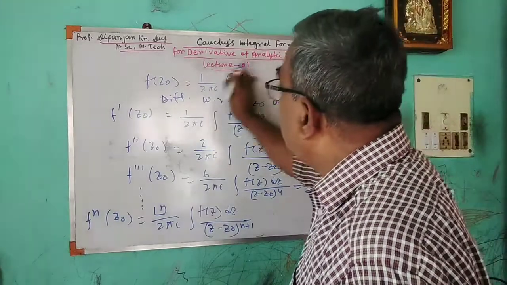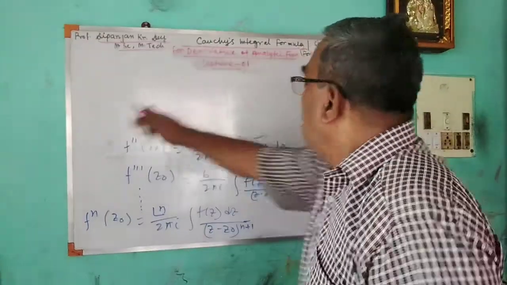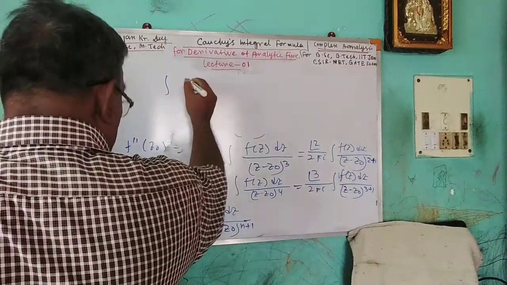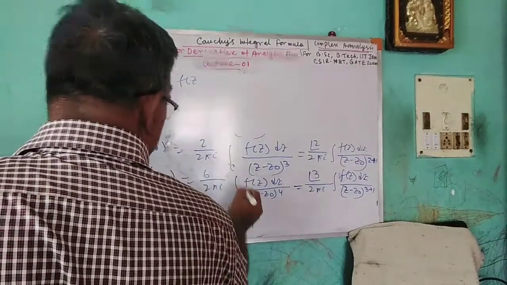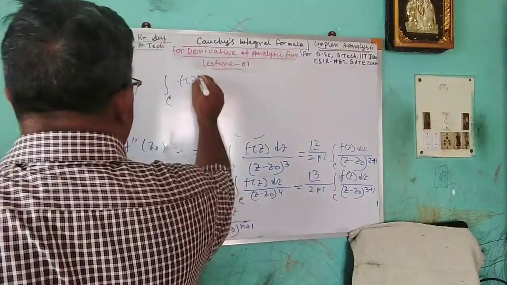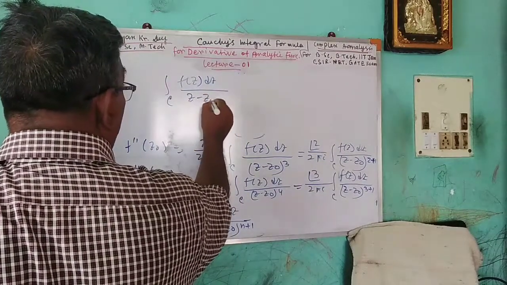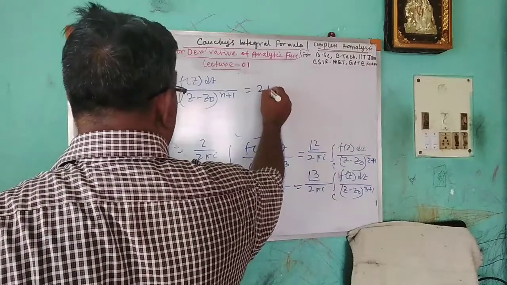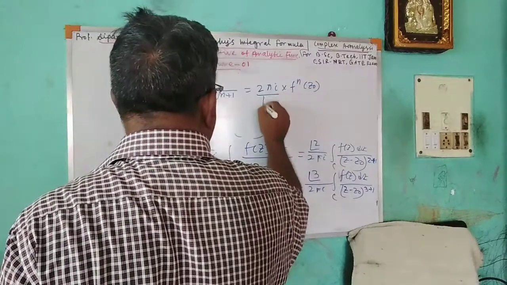This can be written as the contour integration over C of f(z) dz by (z minus z0) whole to the power n plus 1 is equal to 2 pi i into f^n(z0) by factorial n.